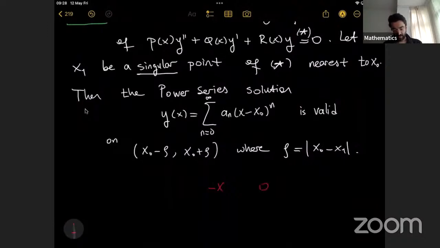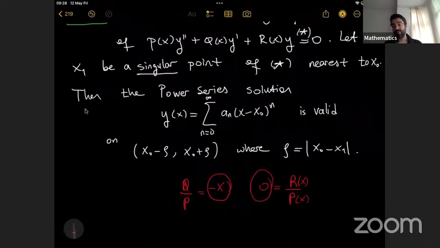This is q over p, which is minus x, and this is r over p. Minus x is a polynomial, and polynomials are analytic everywhere, so we don't have any singular point. Again, this is a constant function, so it is analytic everywhere. That means you don't have any singular point.